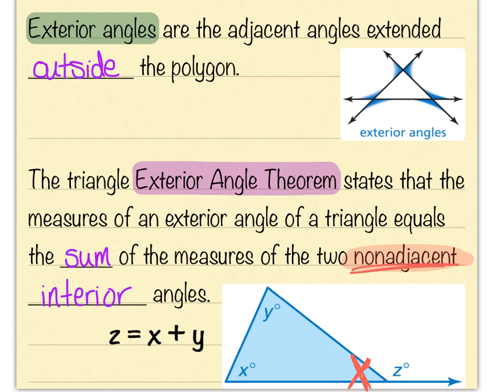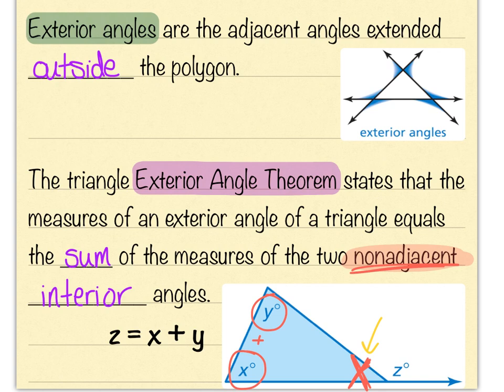So basically the two other angles, angle X and angle Y, if you add them together, their sum will give you angle Z. And that's because together, X and Y, along with this angle that I've marked with an X here, have to add to 180.